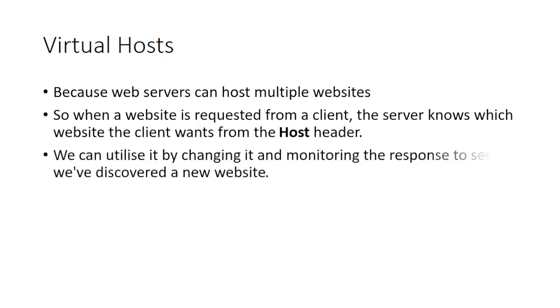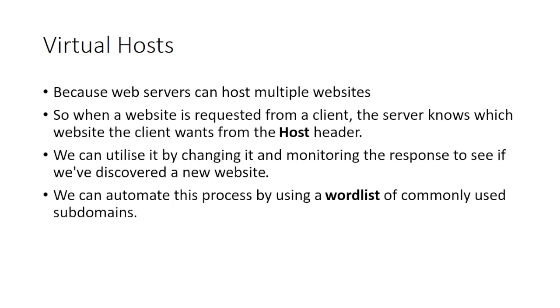We can utilize it by changing it and monitoring the response to see if we've discovered a new website. Like with DNS brute force, we can automate this process by using a word list of commonly used subdomains. So let's start the attack box and use ffuf to try and do some discovery.